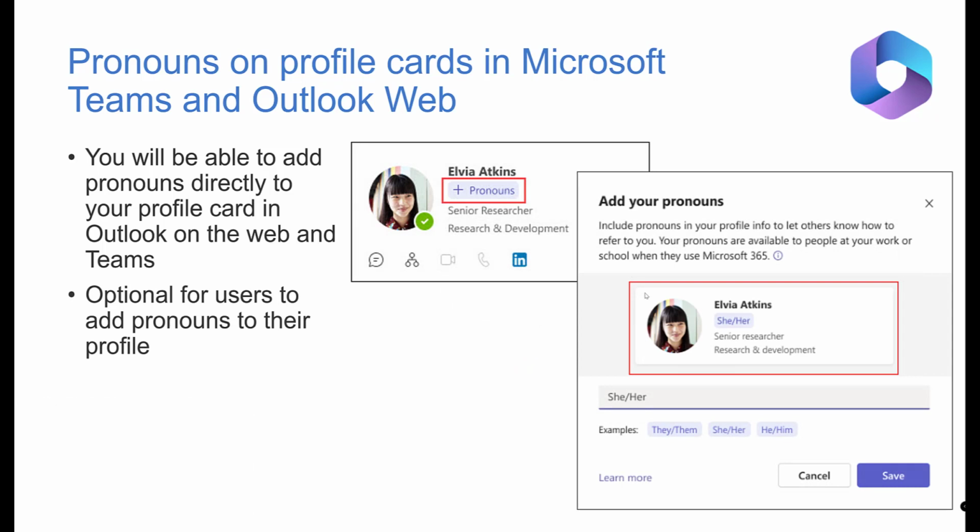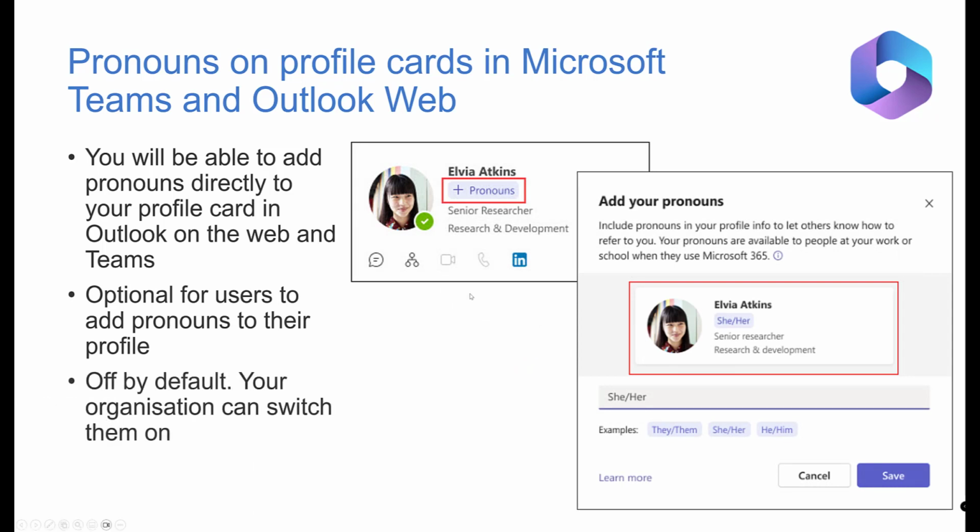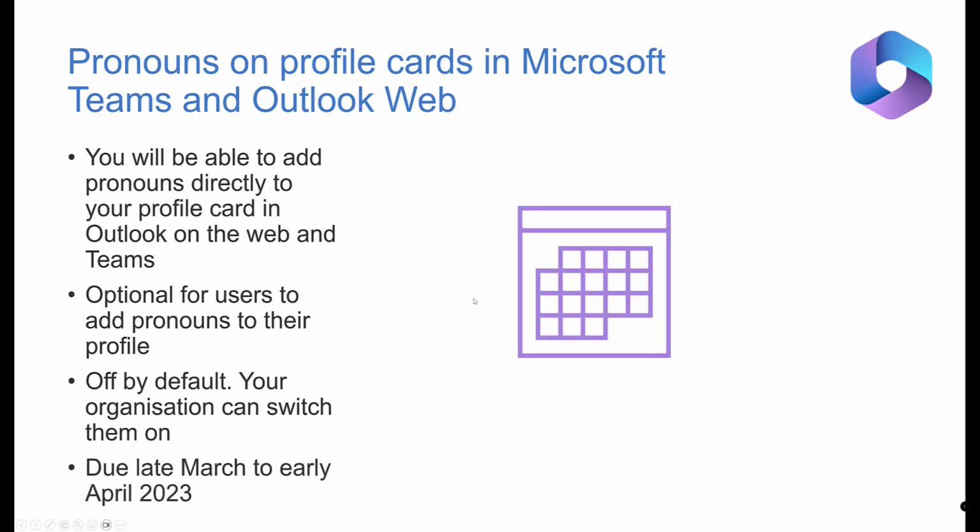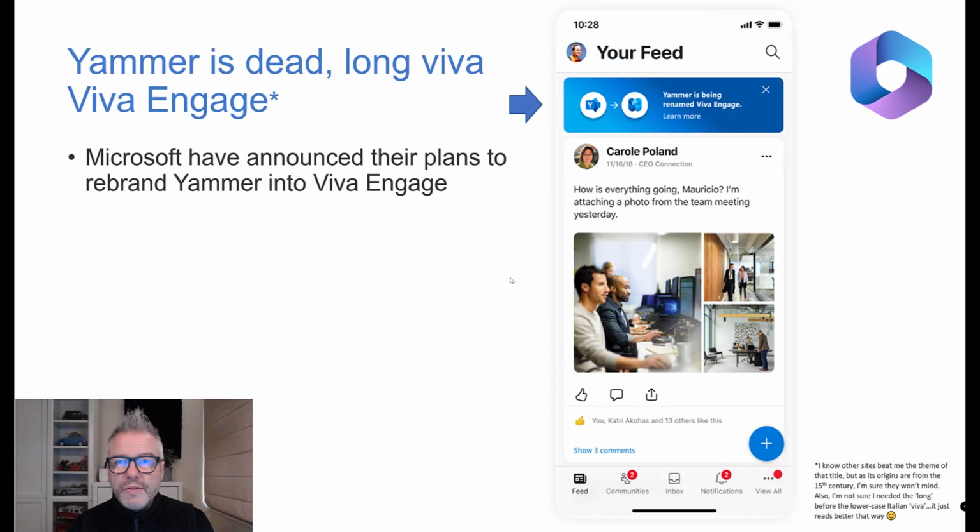So it has to be turned on by your organisation because it's off by default. And you see here, you can choose it and you can display them on your profile card in Teams and Outlook. That, folks, is due late March to early April, but is subject to your organisation switching those on.